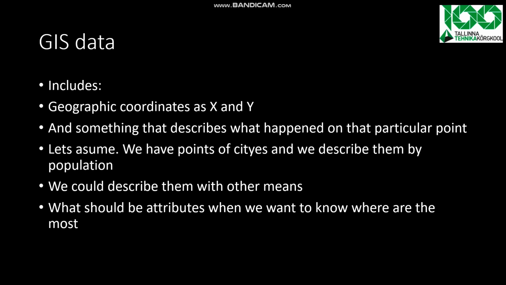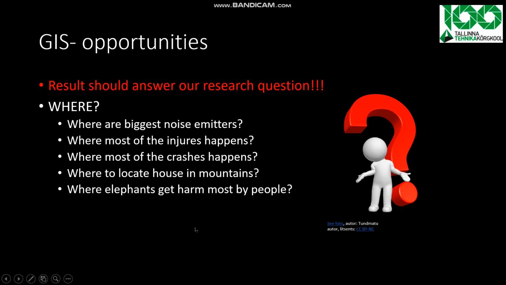So what GIS really gives us is the opportunity to answer our research question. And it's a very important part, because when you start asking your research questions, you start thinking about how to get those answers.